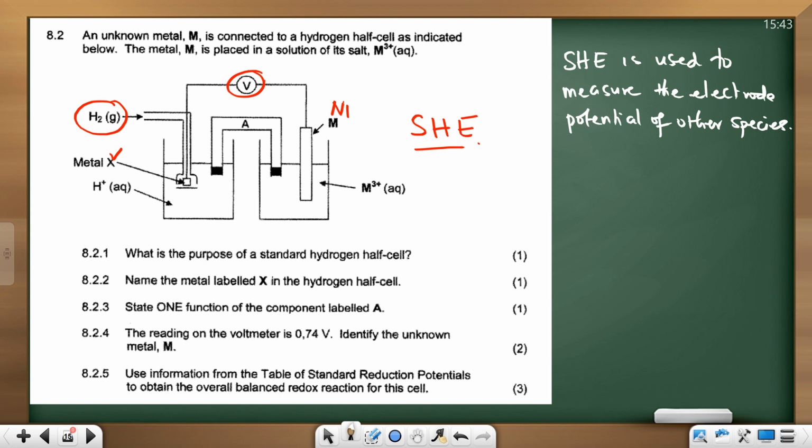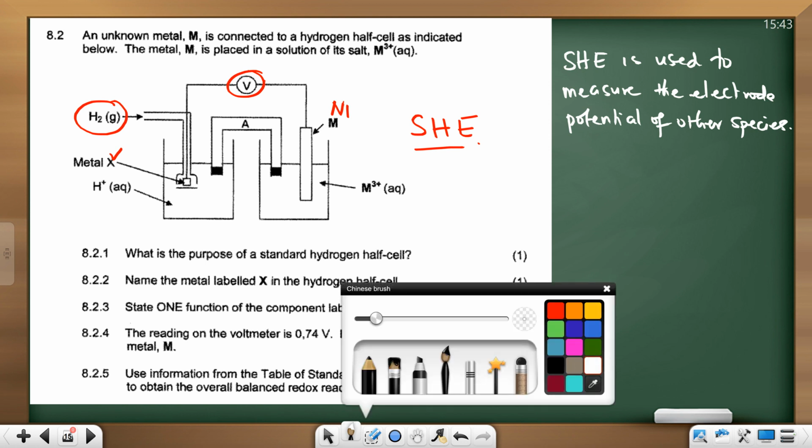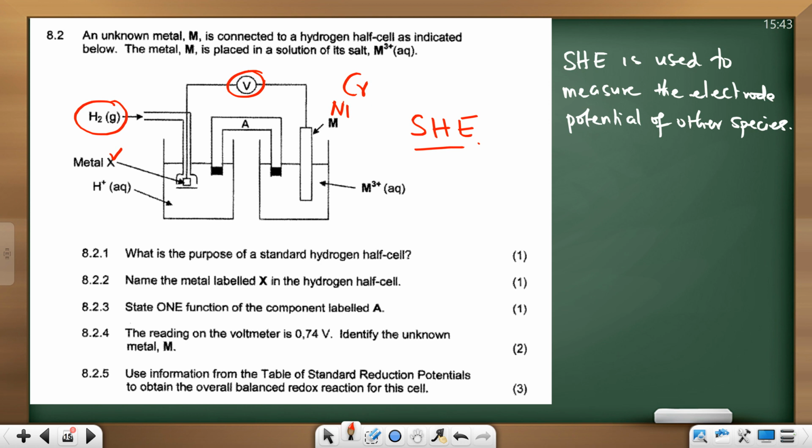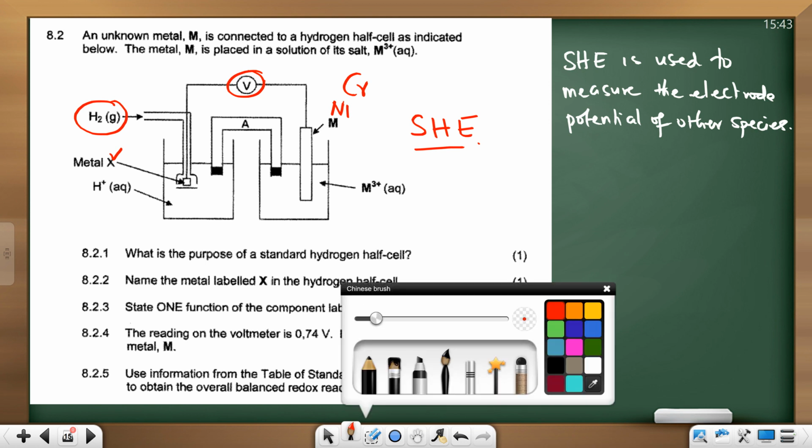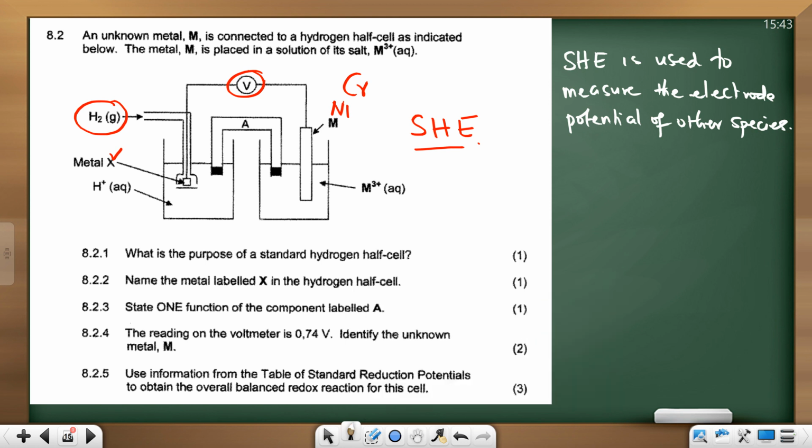Use information from the table of standard reduction potentials to write the overall balanced redox reaction. I think that's straightforward now, guys. Since we know this is Cr, which one is the anode and which one is the cathode?